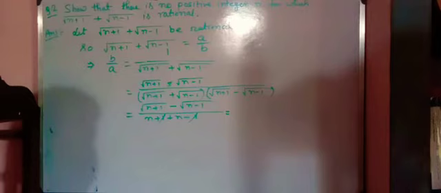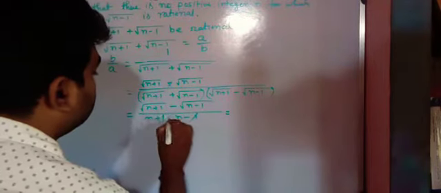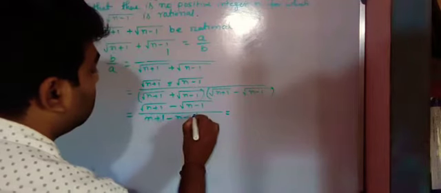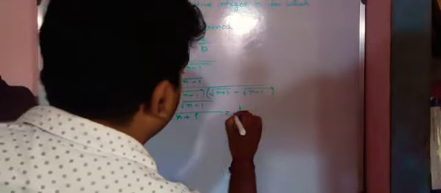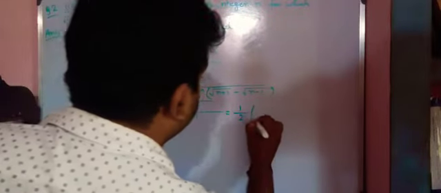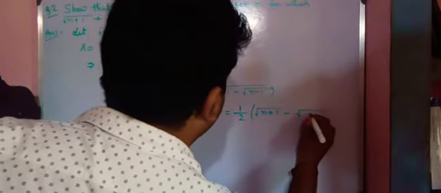That is 1 by 2n plus 1 minus n plus 1, n cancels, so 1 by 2, this is root over of n plus 1 minus root over of n minus 1.